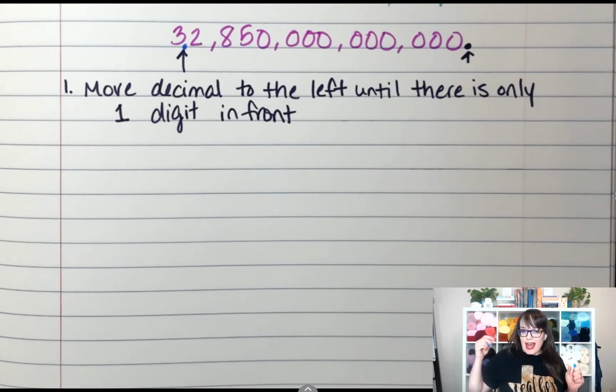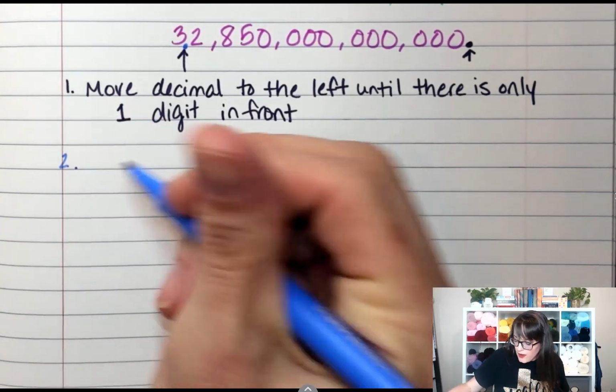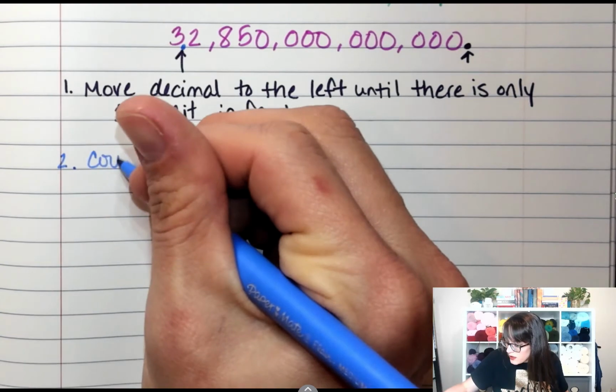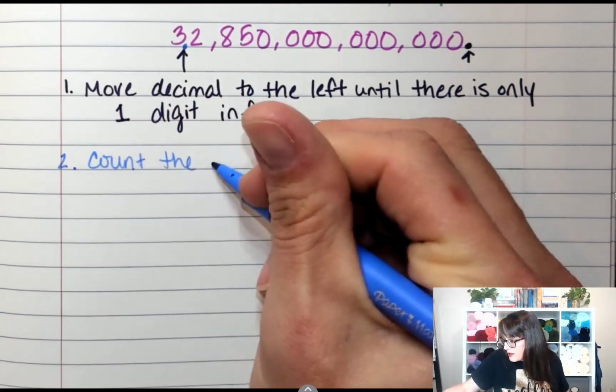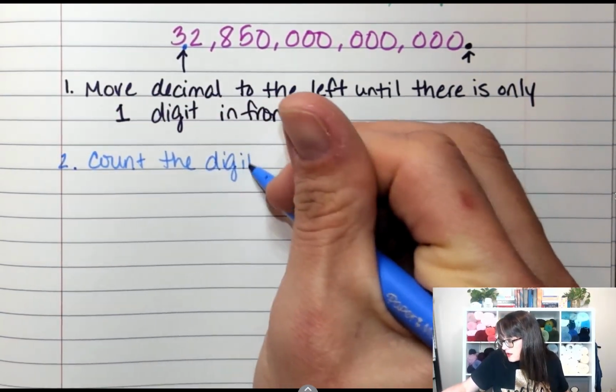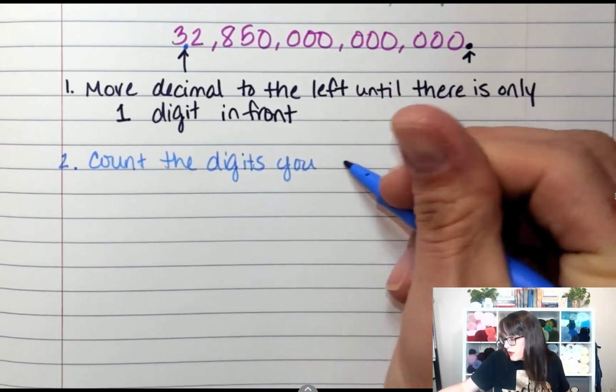So step 2 is to count how many digits you jumped over.